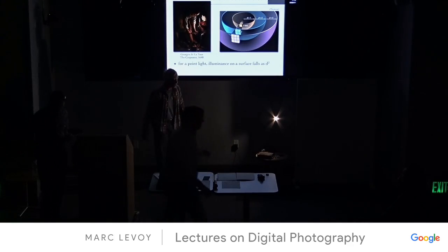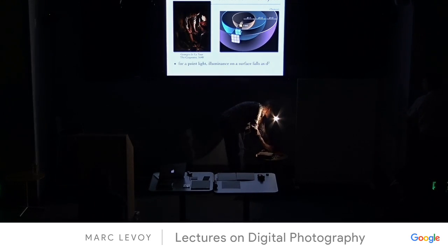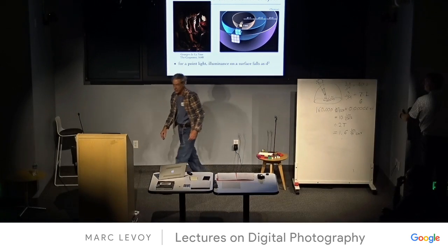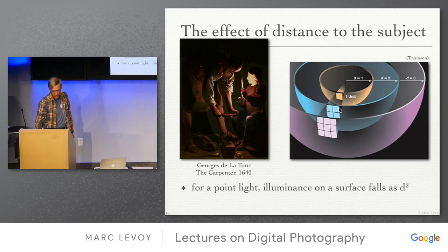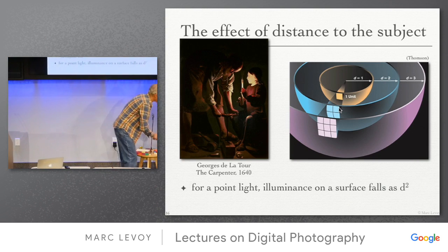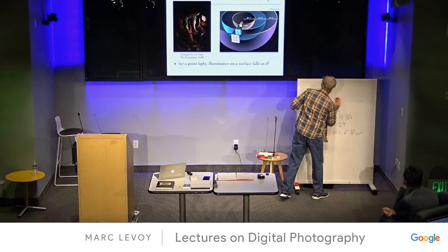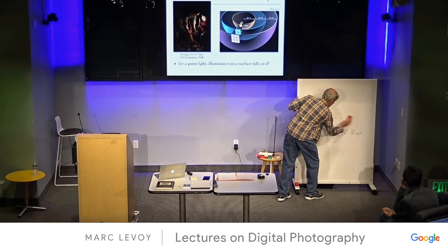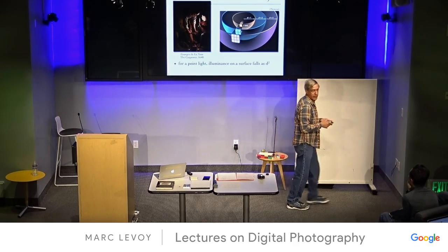All right. So that is for a point light source. And now let's work through the example of the moon. It starts off as a candle, which is about 10 lux.